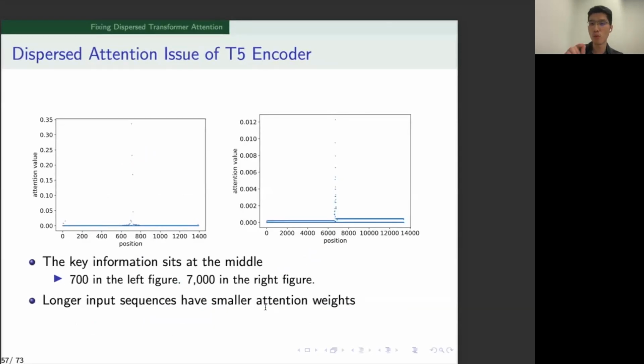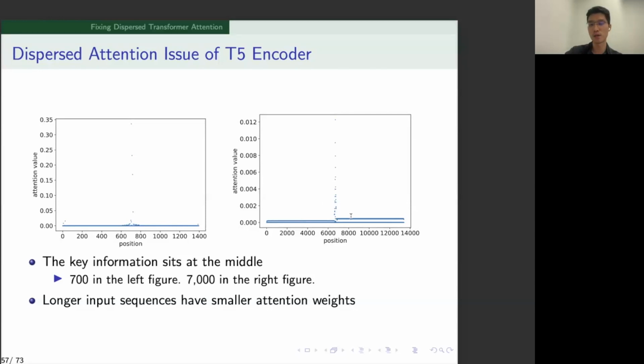So there's one little issue of this T5 model: it's suffering from the dispersed attention issue. So let's say we just grab one self-attention distribution after softmax, and we just plot the attention value here. Let's suppose the input sequence is of length 1400. We can see the largest attention value is around 0.35.